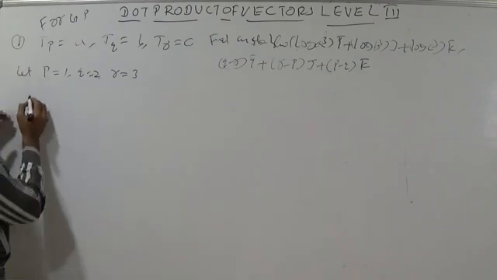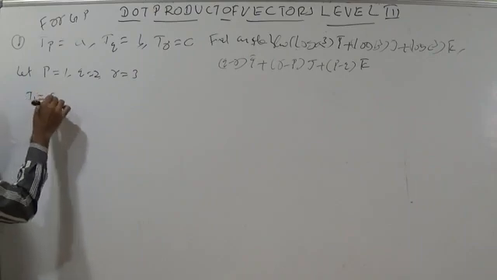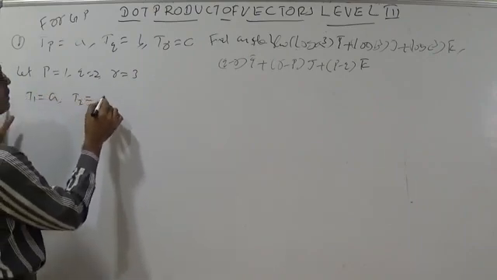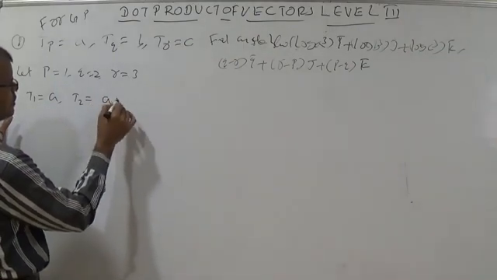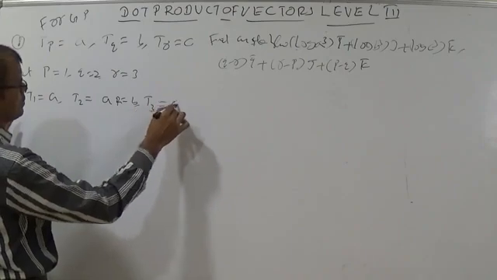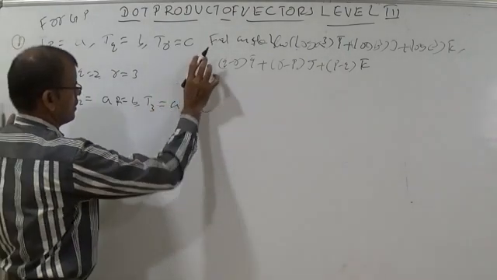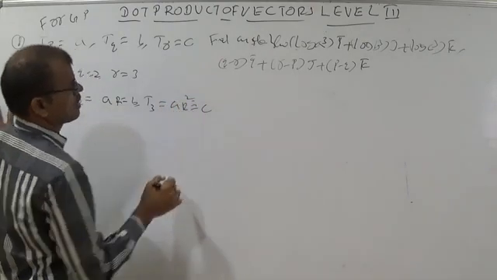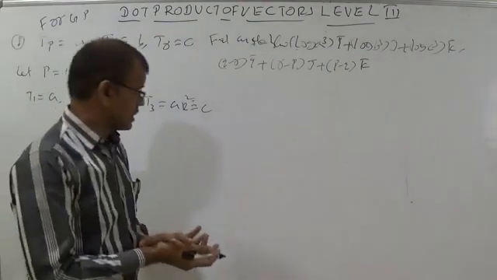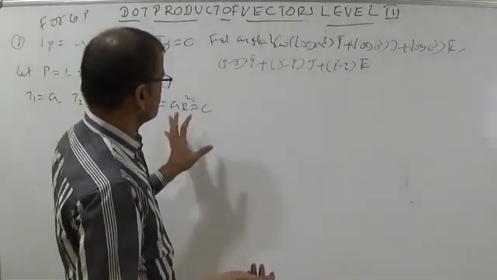Tp is equal to A, so the first term is simply T1 equal to A. Next T2 is equal to AR, AR is equal to B, and T3 is equal to AR square, AR square is equal to C. The generally used notation is A, AR, AR square for the geometric progression series.